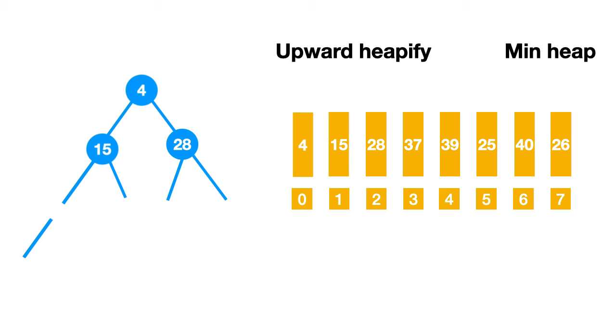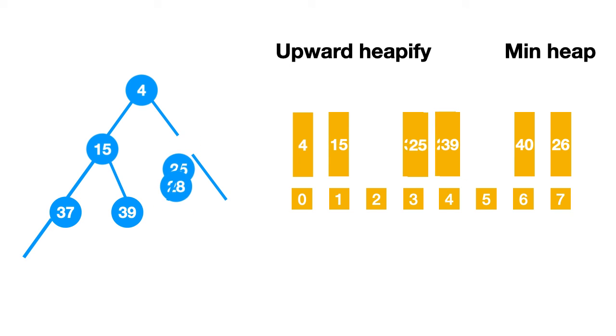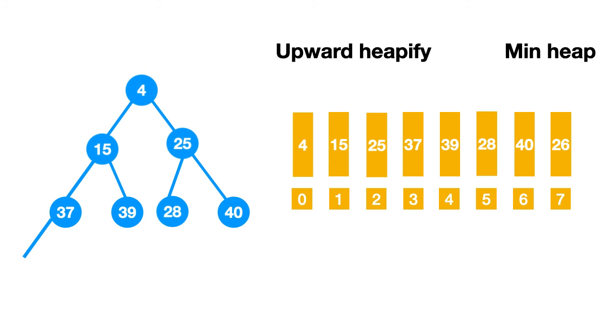Then we go to another level. We check 15's left child and right child. They look good. We keep checking the child of 28. The left child is smaller. We swap 25 and 28. The right child looks good. Go to another level. There is only one child. It is smaller than 37, so swap them. Now we got a min heap.